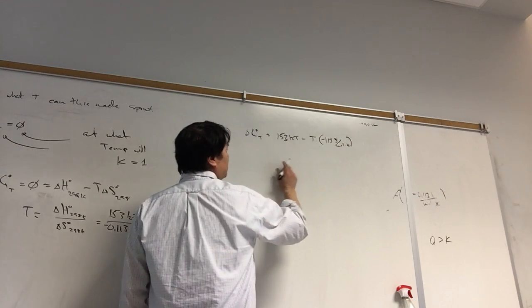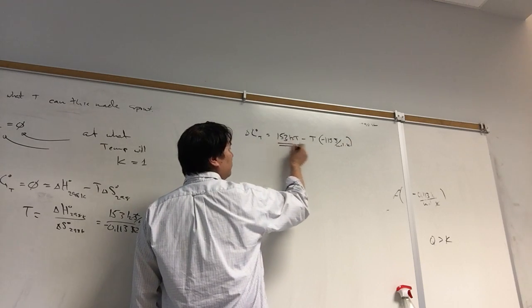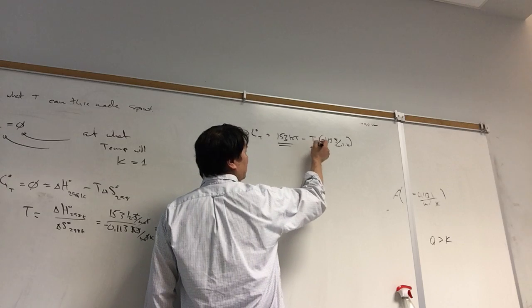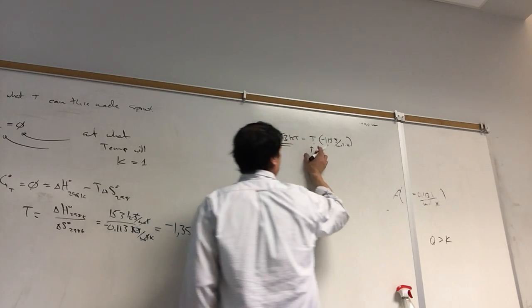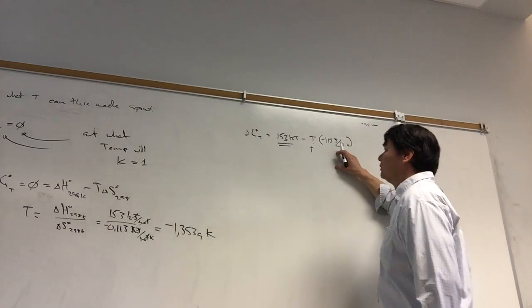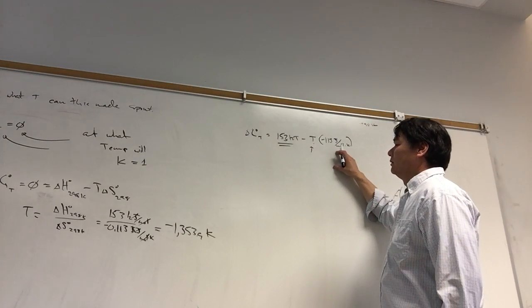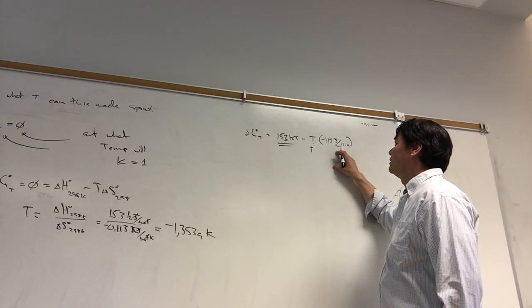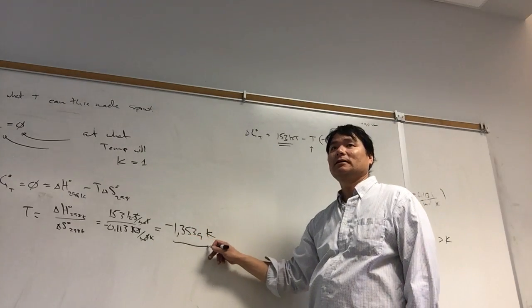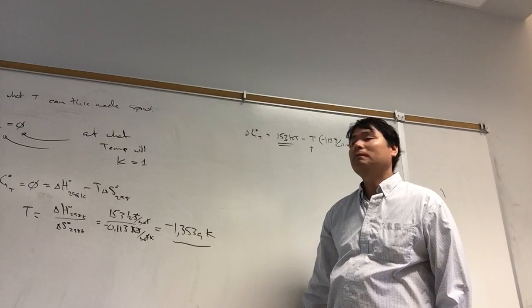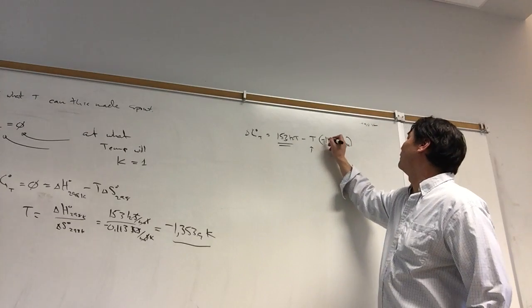This is unfavorable, so I need some kind of temperature to cancel out this unfavorable thing, right? And so what temperature is that? Well, I got to make that bigger. And the temperature comes out to negative, okay, oh yeah, 0.13.